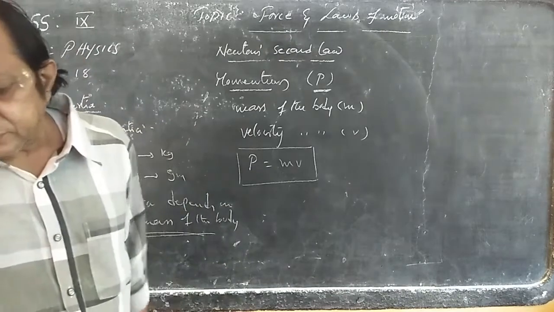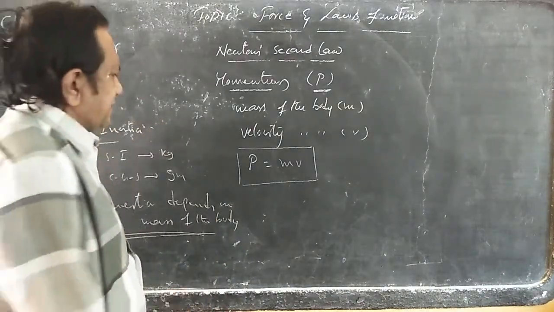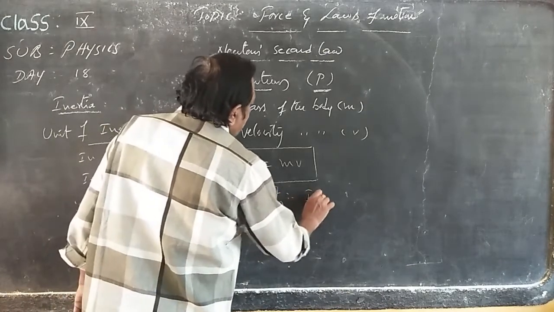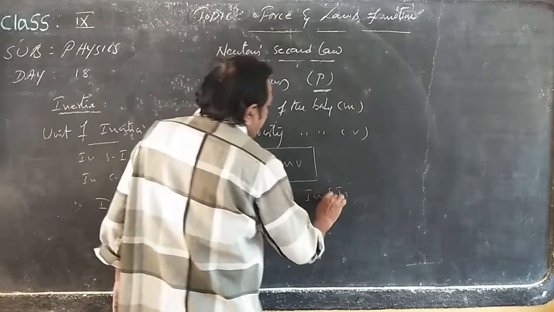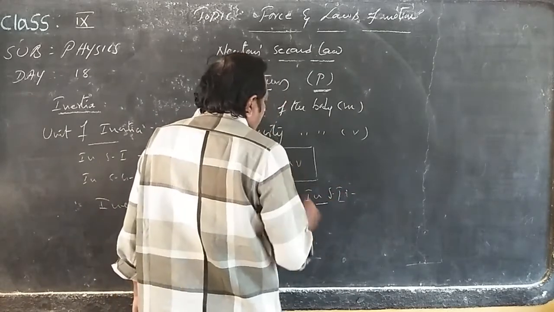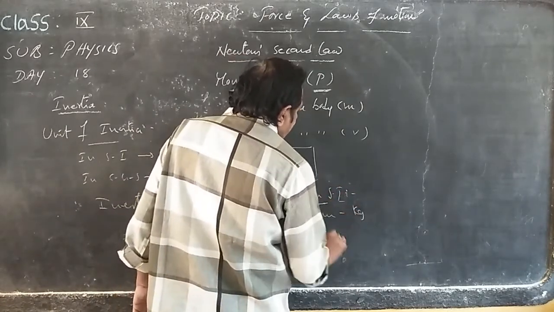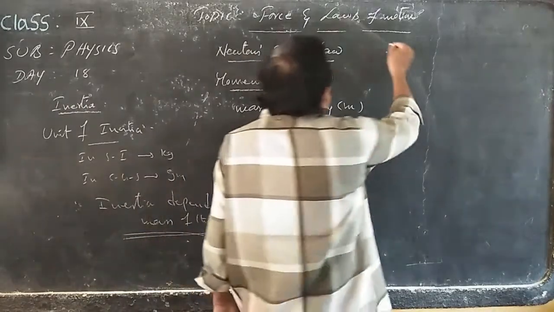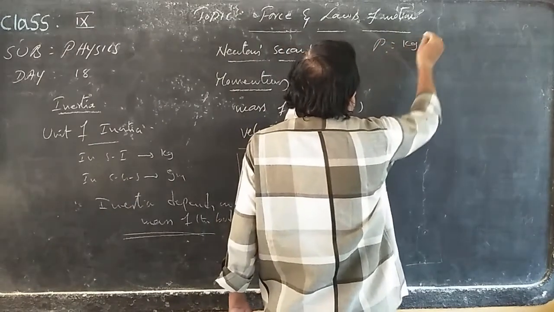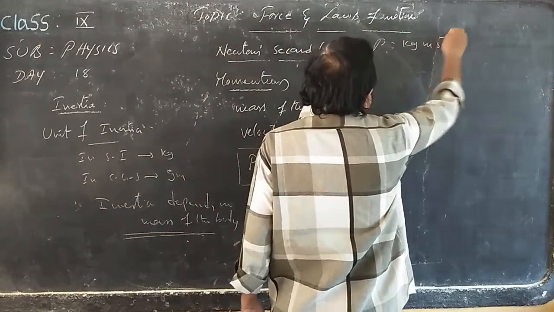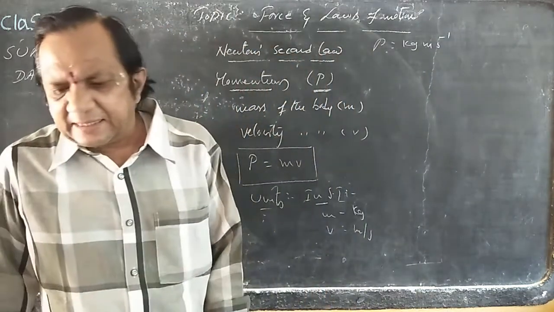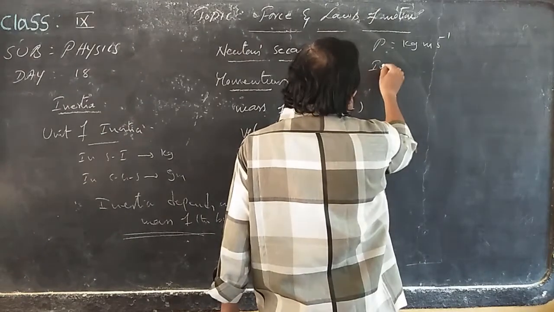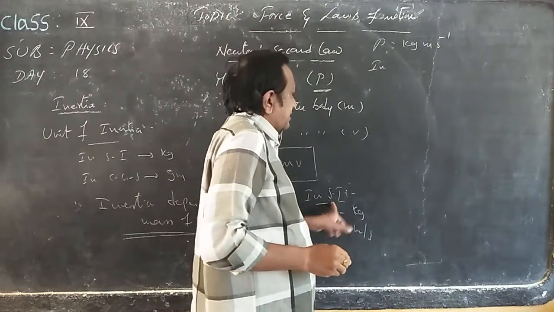Now the units of momentum. In SI system, mass is measured in kilogram, velocity is measured in meter per second. Therefore, what is the unit of momentum? P is equal to kilogram meter per second, its unit in the MKS or SI system.